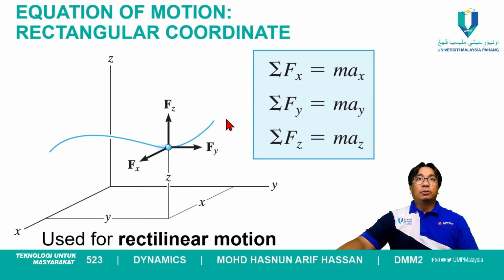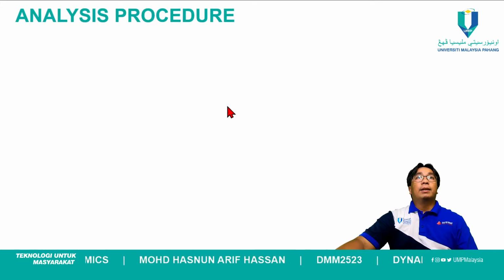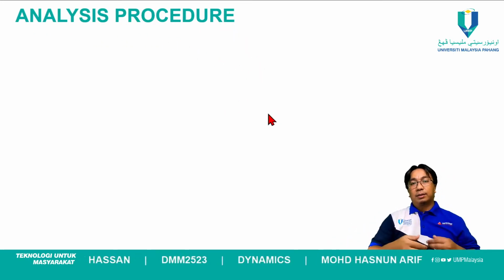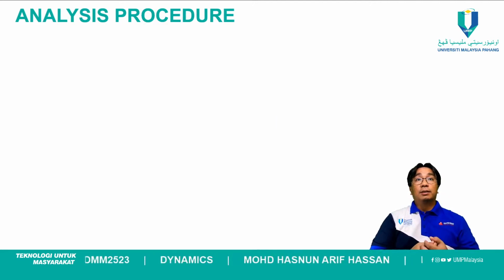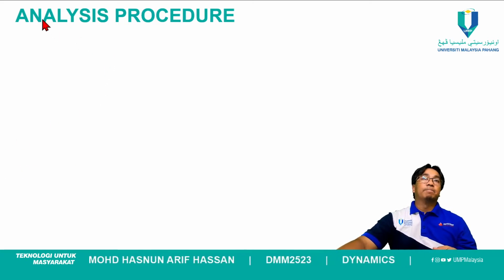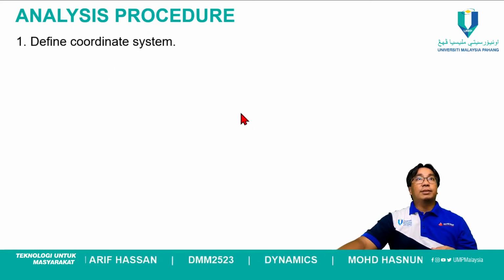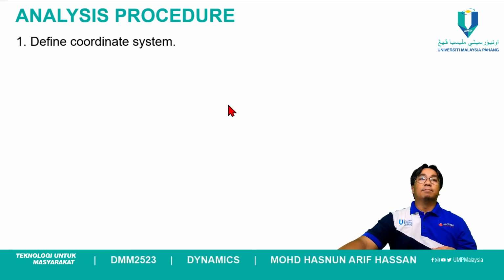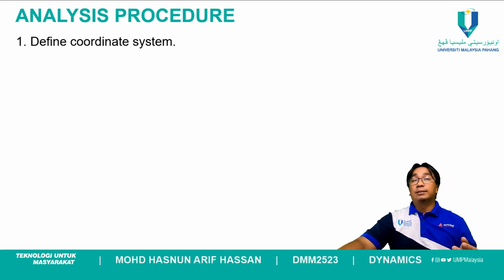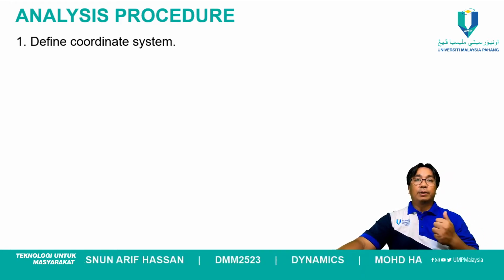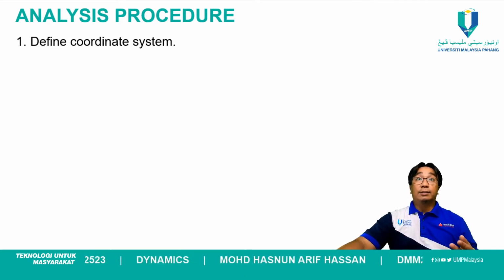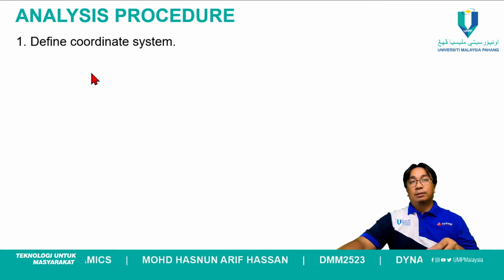Okay. If you don't have any question, let's look at the analysis procedure when we are trying to solve problems related to this topic. What are the steps that you have to take? The first step is to define the coordinate system. Earlier we said we have three coordinate systems: rectangular, normal and tangential, and cylindrical.